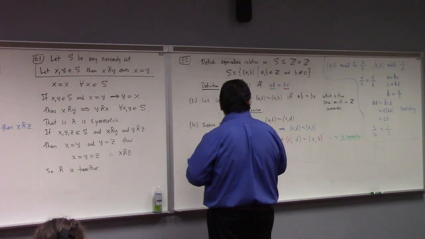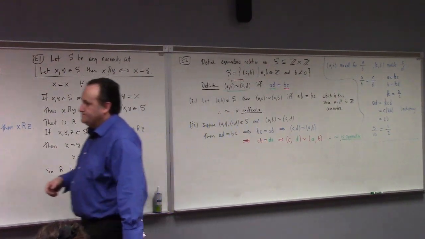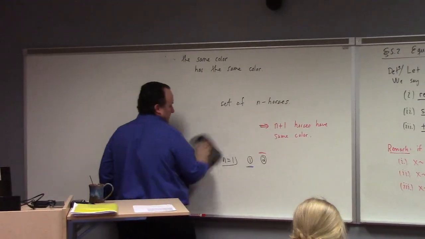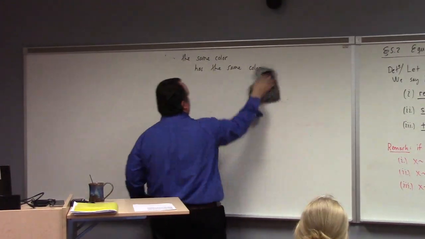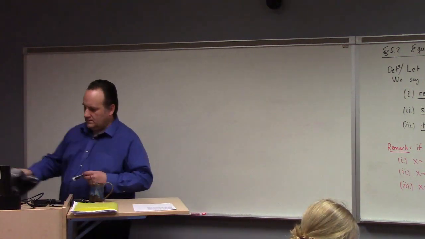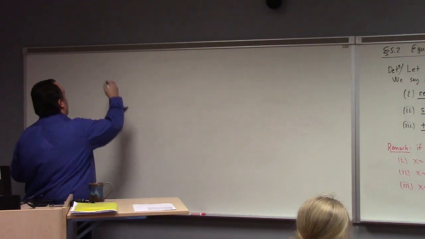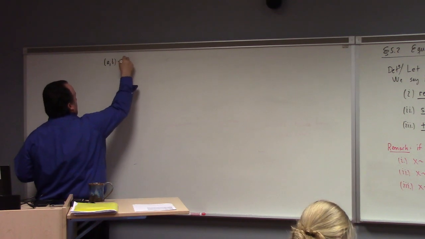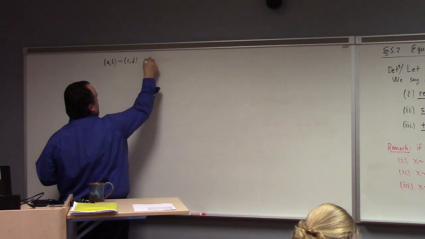Let's see here. See if I can put into practice what I was just mumbling about. So, all right. Let's use... so we had, so remind us of the definition. AB equivalent to CD if and only if what?